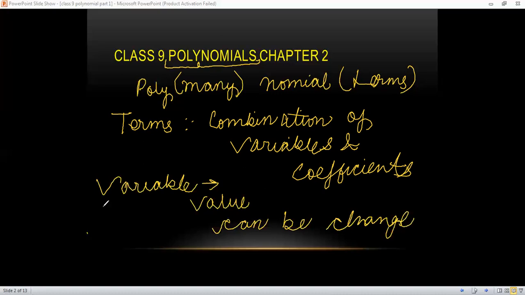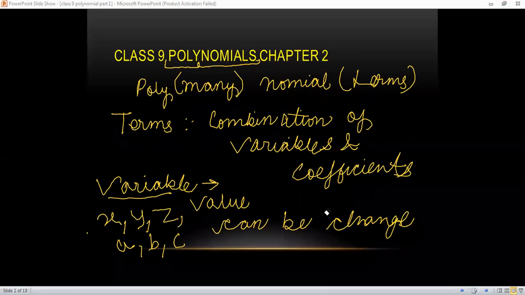For variable, we take alphabets or letters like X, Y, Z, A, B, C. Any alphabet or letter we can take as variable. The value is not constant, it can vary.